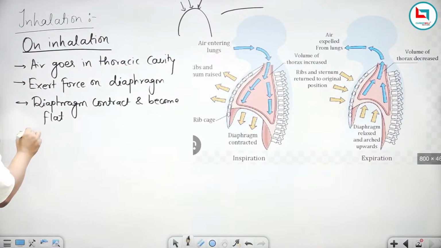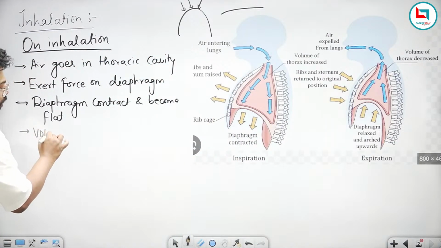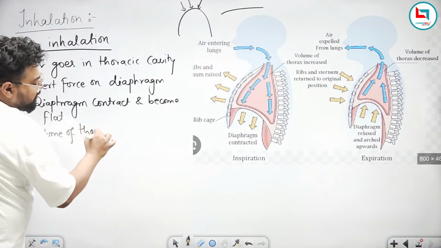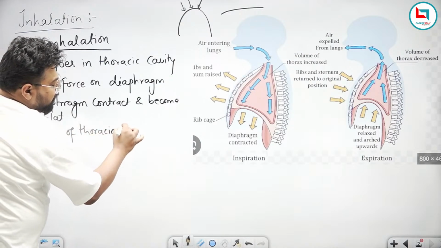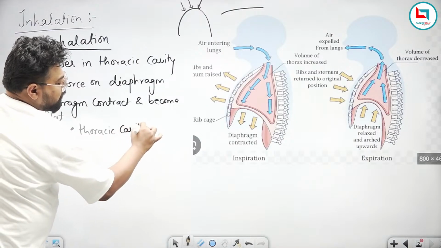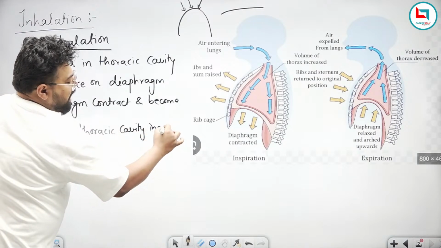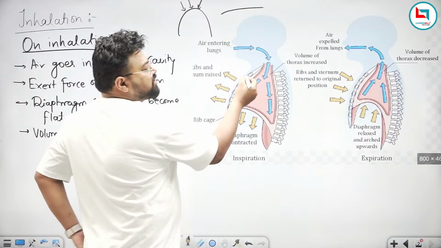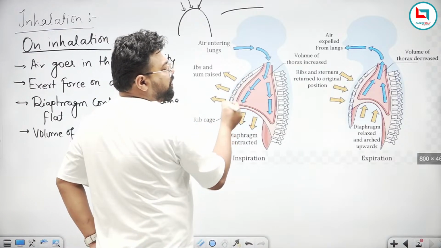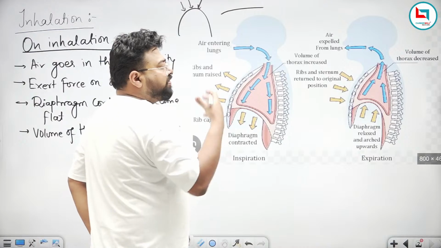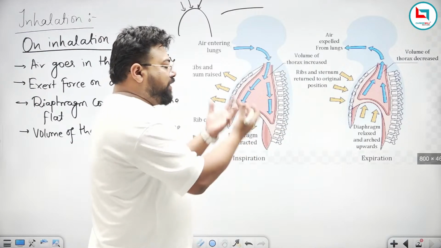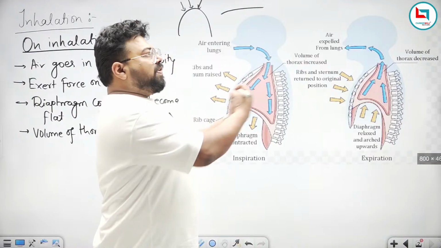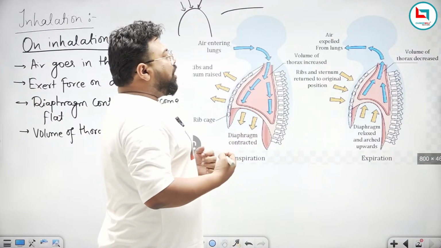So the volume of the thoracic cavity or chest cavity increases. As well as, on the other hand, the muscles which are present between the ribs, these muscles are known as intercostal muscles. When we inhale the air, these muscles pull our rib cage outside.